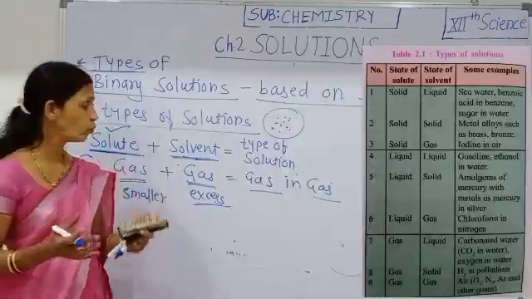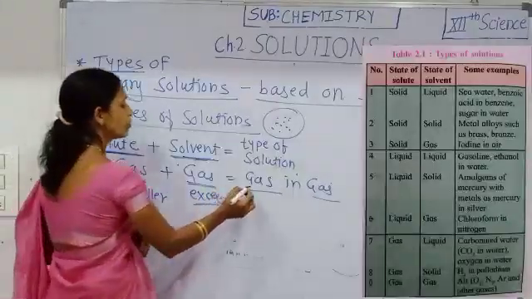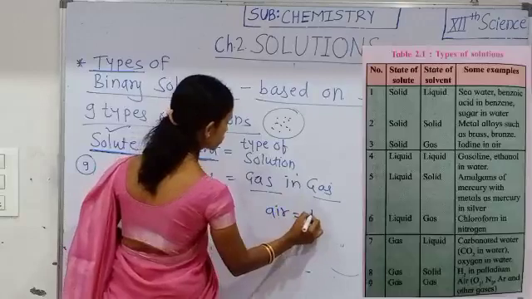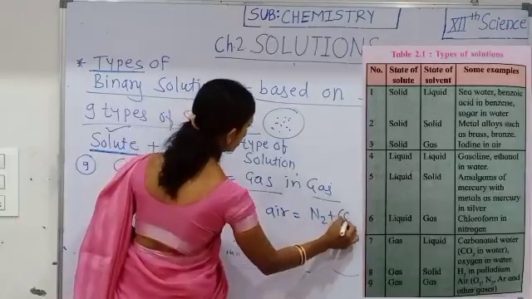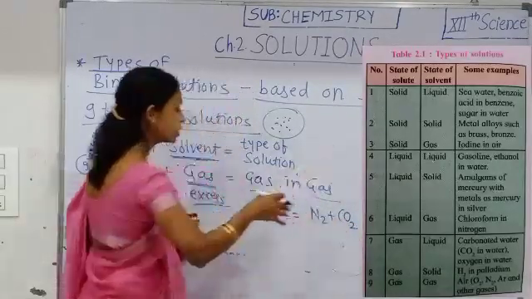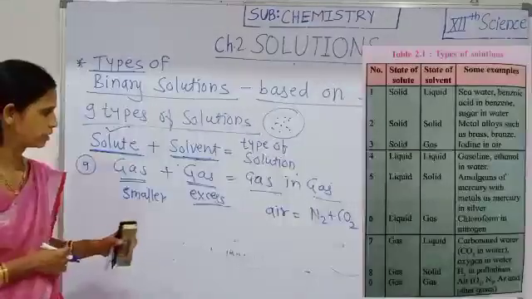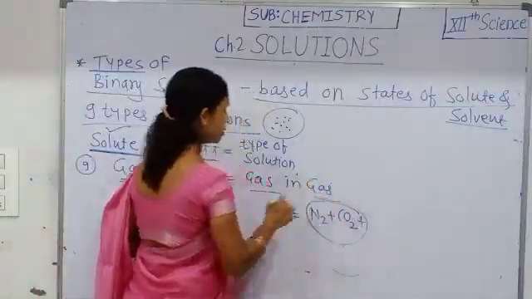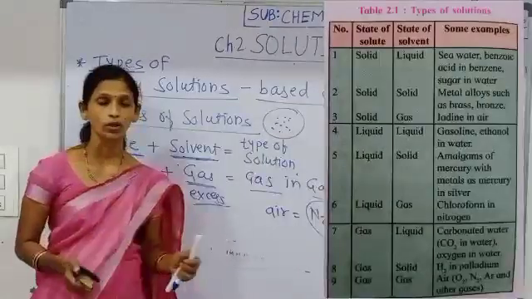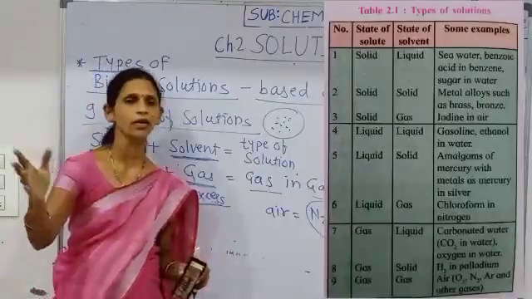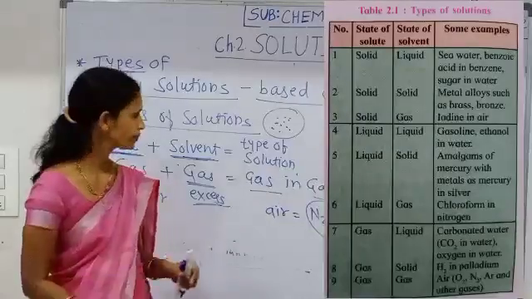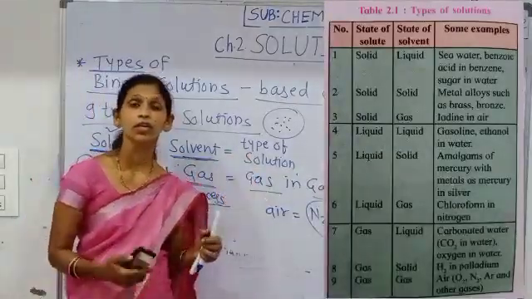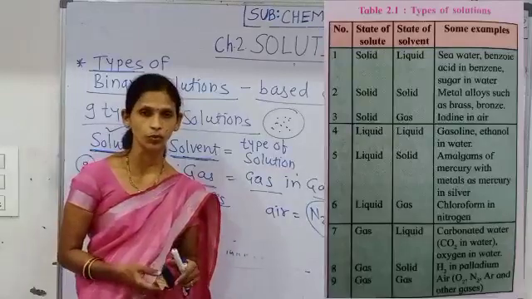Air is one example of gas in gas type, because it is a mixture of nitrogen gas, carbon dioxide gas, hydrogen gas, and inert gases. All those gases are present in the air. That is about the different 9 types of solution given in your textbook.